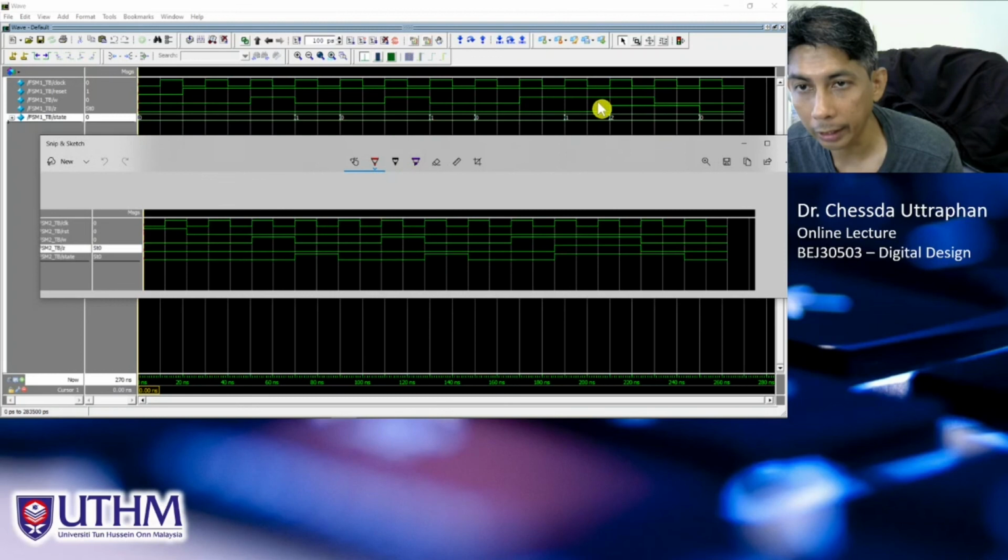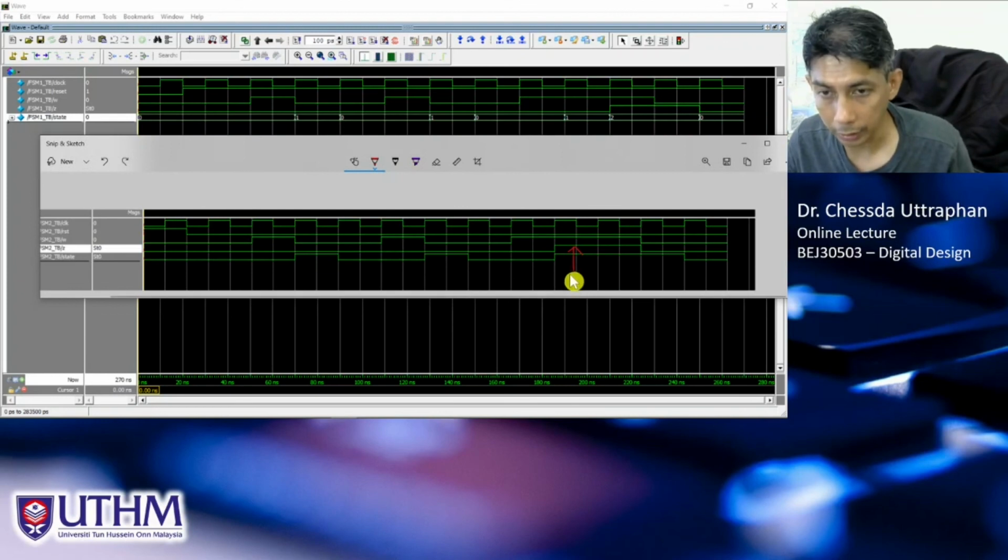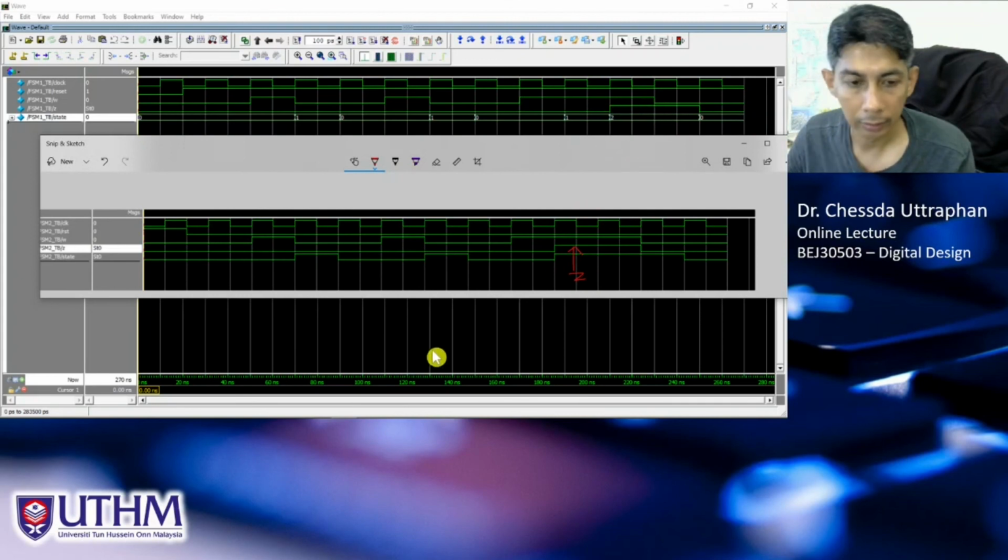Because we have 1 1, and Z equal to 1 after 1 clock cycle here. But here for the Mealy type we can see that 1 1 here is immediately 1 here. Not the W, this should be Z, right? So this is Z equal to 1 here immediately. But for Moore, we have 1 cycle delay here.